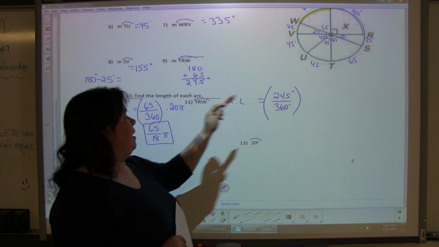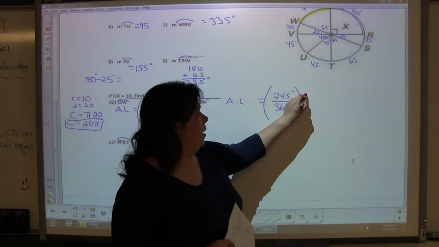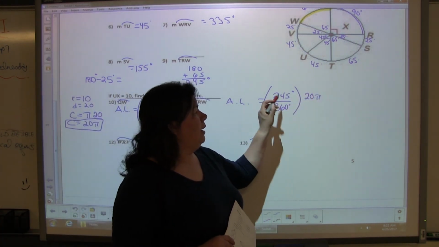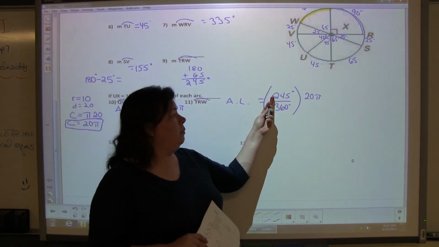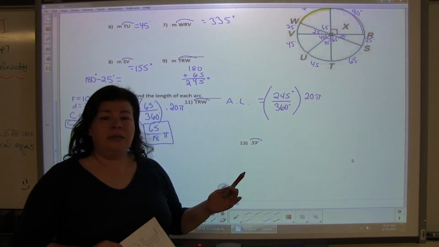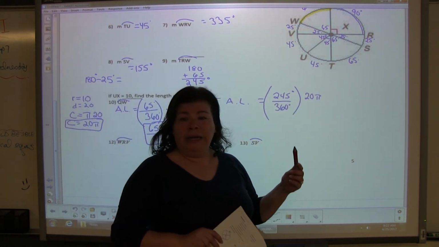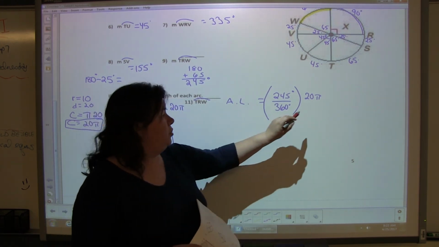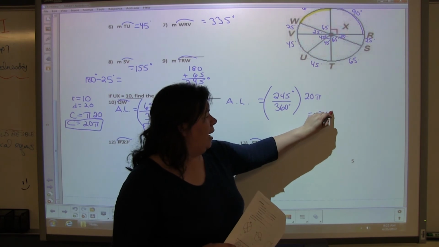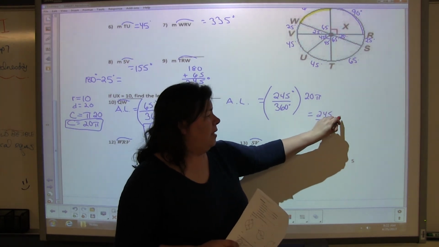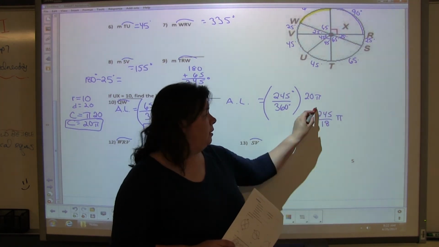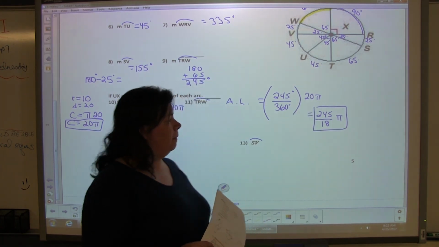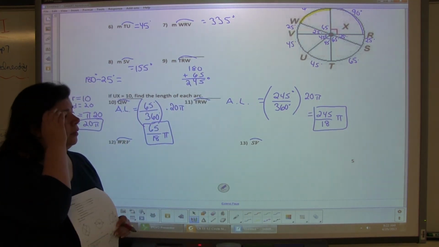And we're going to multiply that by our circumference, which is 20 pi. And again, if you go ahead and put this in your calculator in parentheses, then multiply it by 20, hit math, enter, enter, you're going to end up with 245/18, and then just leave the pi at the end. And this is units. Okay?